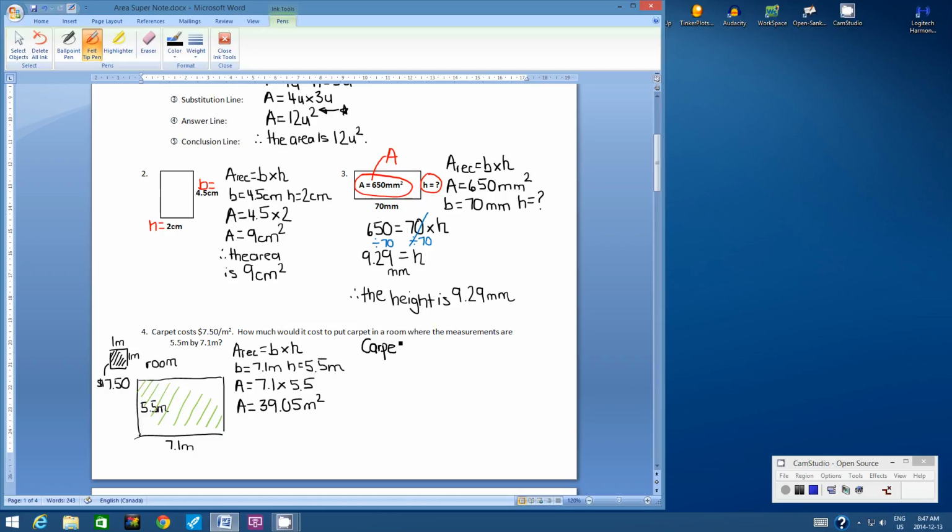So, carpet cost. What we have to do is take the area and multiply it by the cost of 1 meter squared. So we take our area of 39.05 meters squared and we multiply it by $7.50.